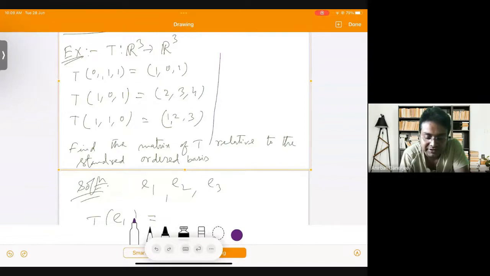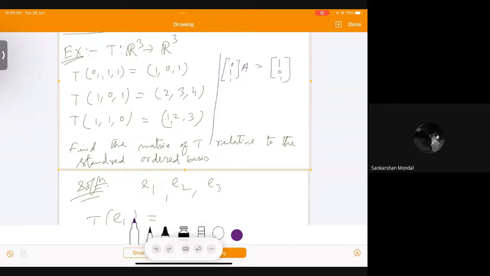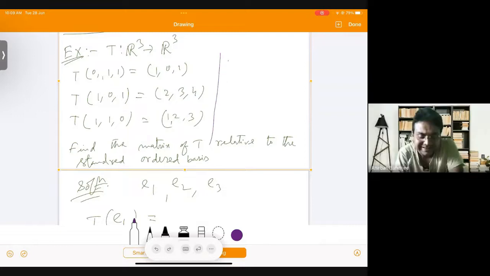So you mean that 0 1 1 matrix A equals 1 0 1. No, no, sir. The previous one was correct. I was saying that T into the 3 cross 3 matrix is equal to the 3 cross 3 matrix on the RHS. I cannot get it. T is a mapping, and mapping and matrix are two different things, right? So how can you multiply a mapping with a matrix? Of course, you can express the mapping in terms of a matrix.